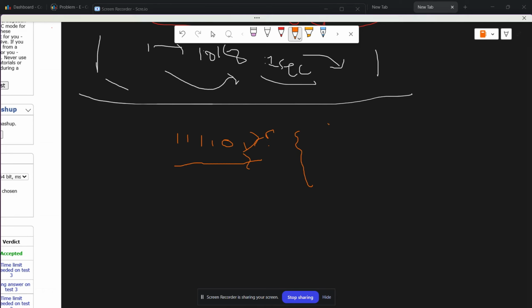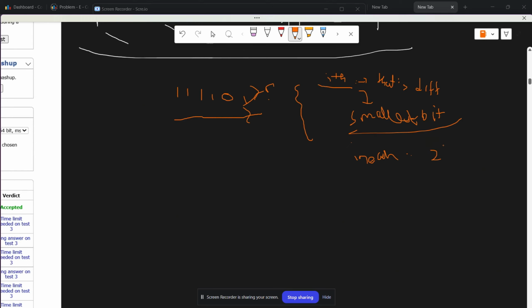I am claiming that for the ith bit, the smallest bit from the leftmost side that is different in the binary representations of the numbers, my answer would be 2 raised to i.